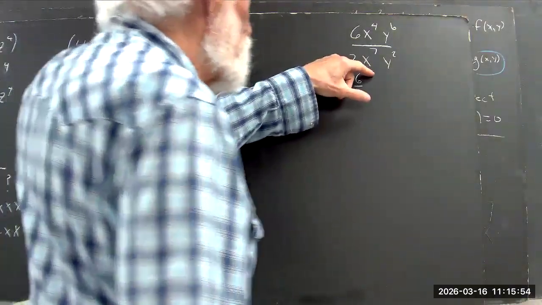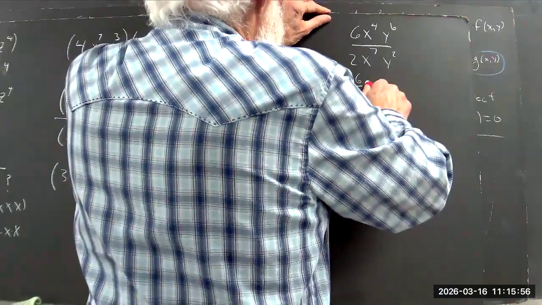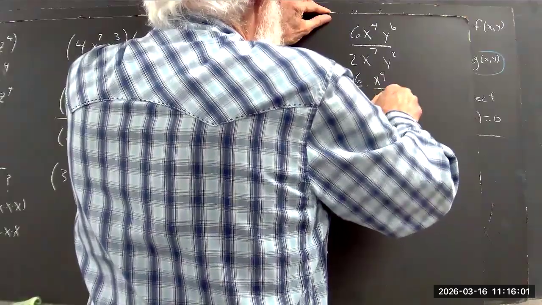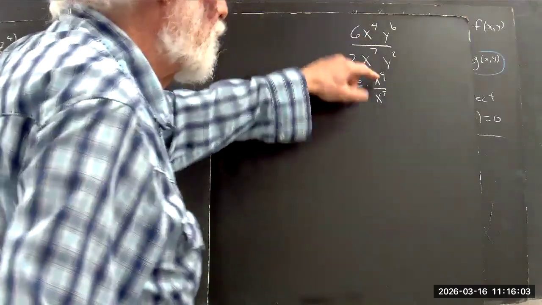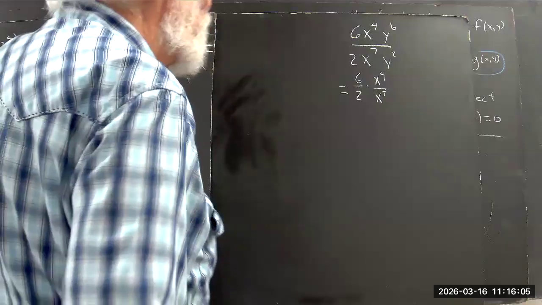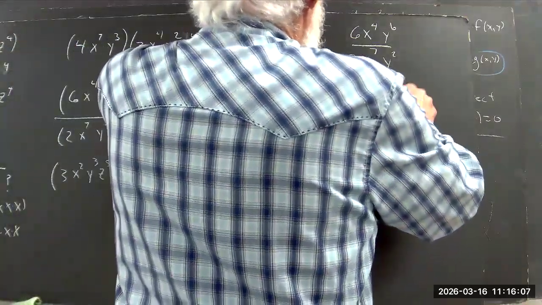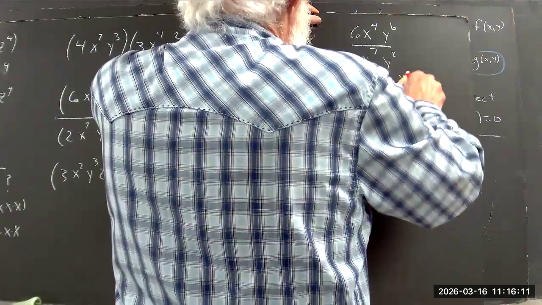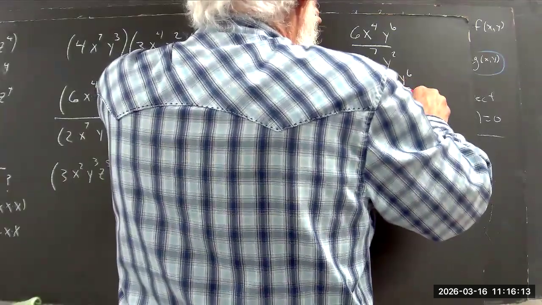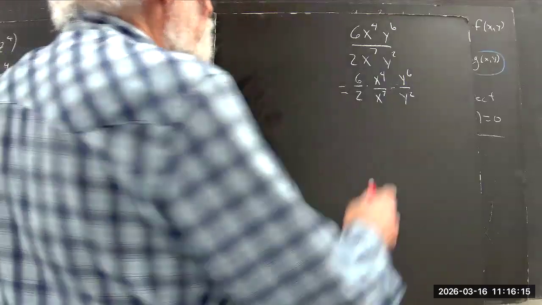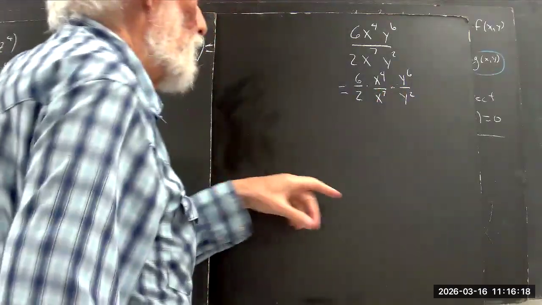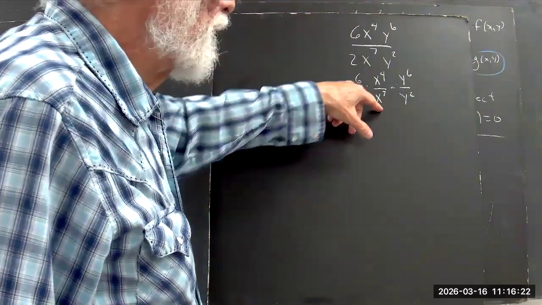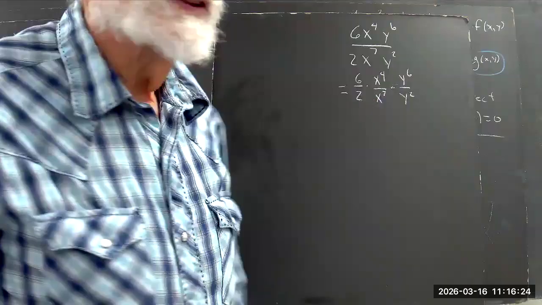We can divide x to the seventh into x to the fourth, giving us x to the fourth over x to the seventh. And we can divide y to the sixth by y to the second. So I can write my expression as 6 over 2 times x to the fourth over x to the seventh times y to the sixth over y to the second.